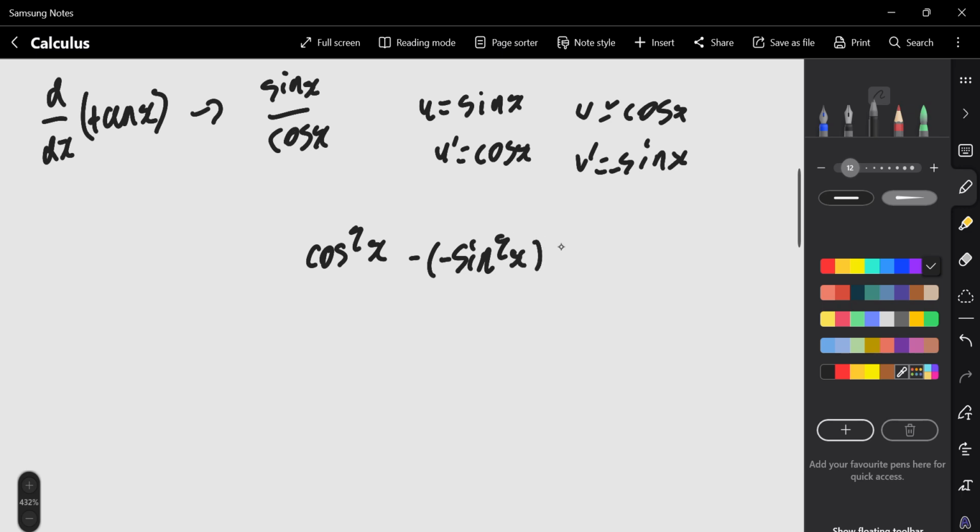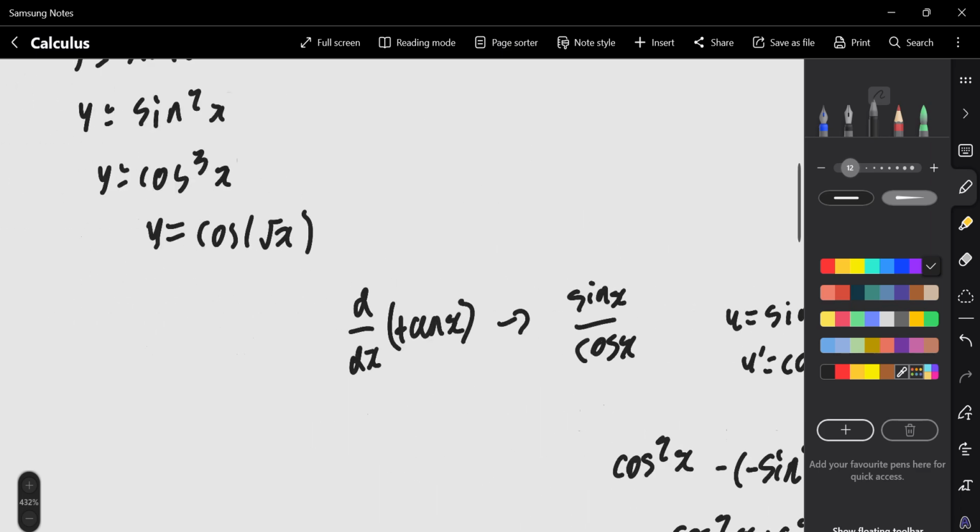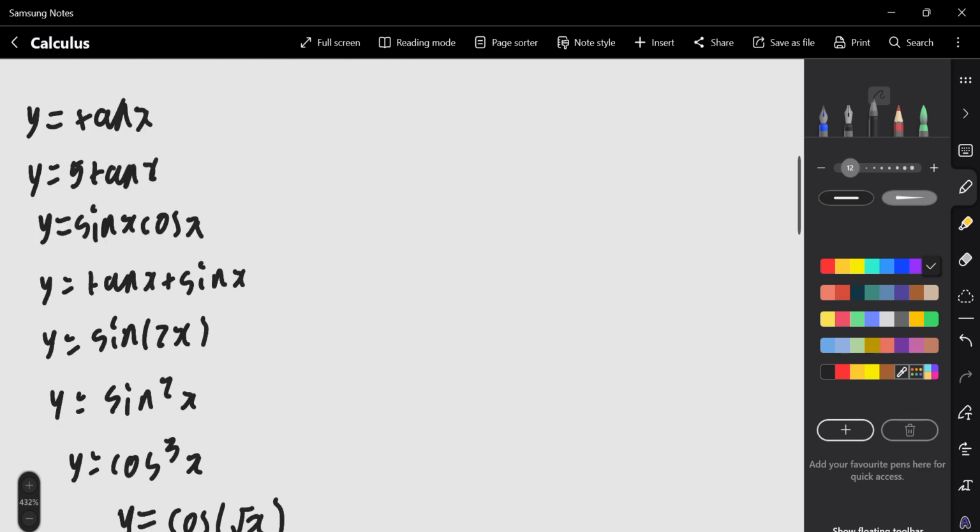The minuses make a plus: cos squared x plus sine squared x equals 1. That's your identity. So you're going to have 1 over cos squared x, which is sec squared x. There you go. That's how you do the derivative of tangent x. Nice and simple. So your answer here is going to be sec squared x. This one is going to be 5 sec squared x, similarly.